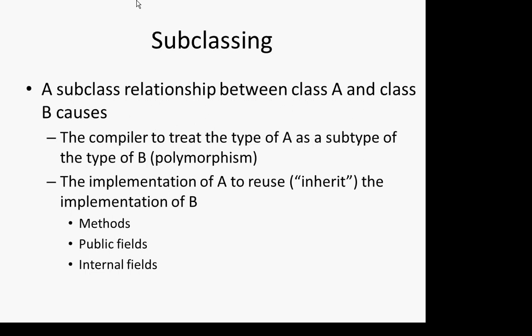Okay, so give me an instance of subclassing in Java. Every object you create is a subclass of what? Of Object. So you create MyClass, and that's a subclass of Object.